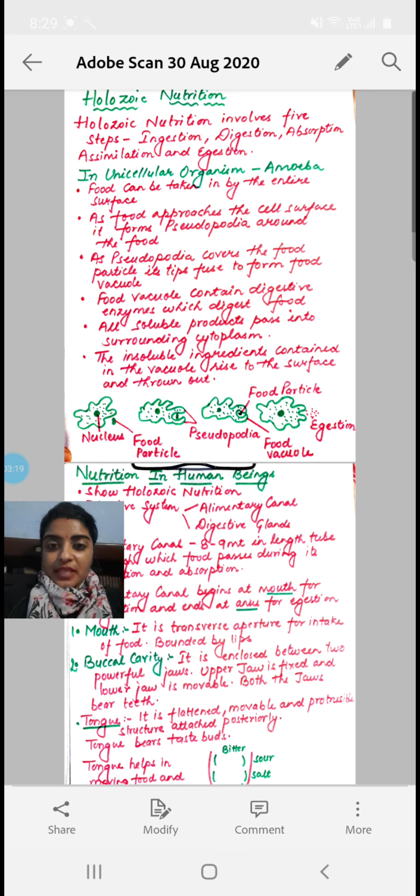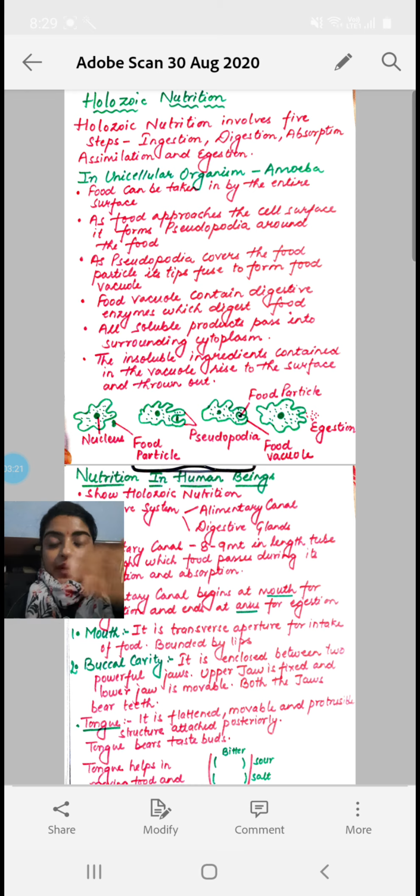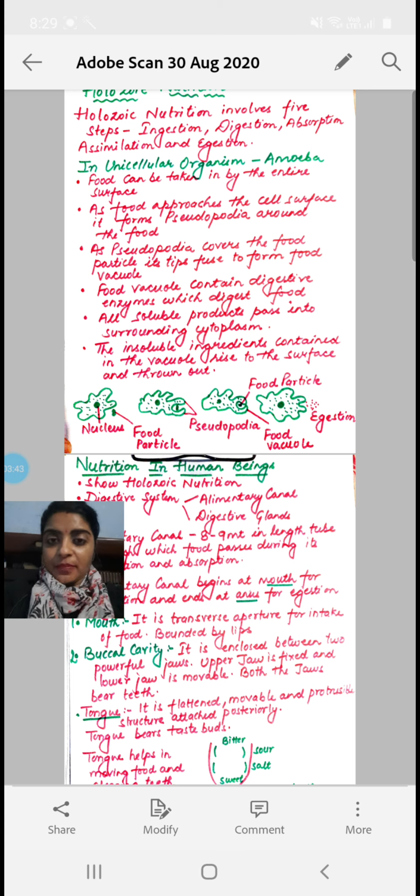These digestive enzymes break up the complex food into a simpler form. The simpler form that is broken down is easily digested by the amoeba, and all the soluble nutrients are absorbed by the surrounding cytoplasm, and the insoluble material that is left, the waste product, remains in the vacuole.